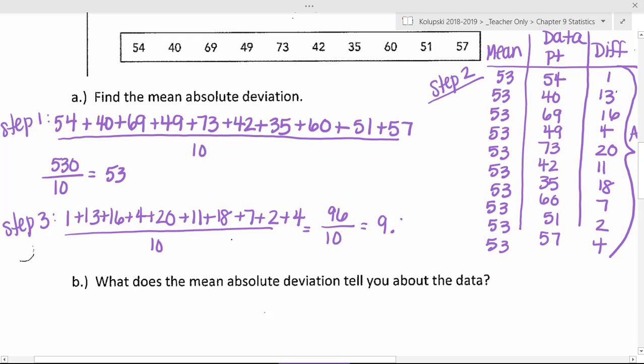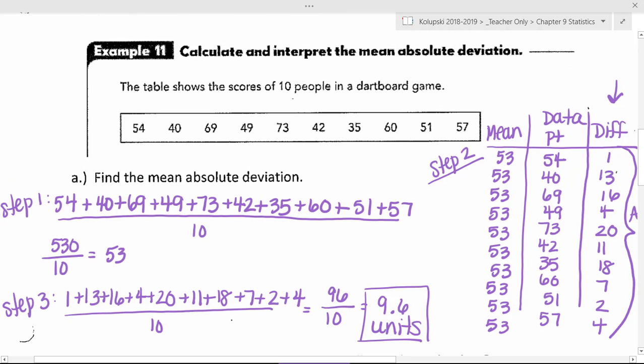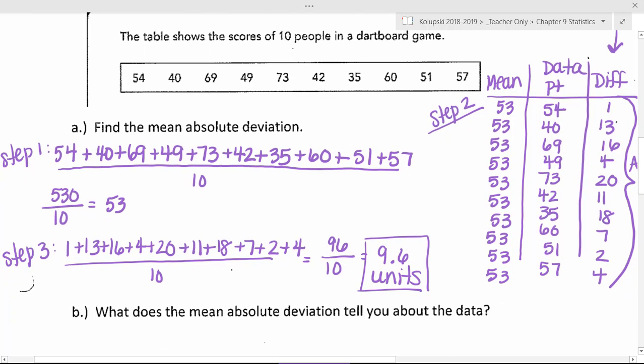So my answer is 9 6/10, and our label is going to be units. So what this means is, on average, each one of these points, which was the scores of a dartboard game, on average, these scores are 9 6/10 units away from the average, which is 53.